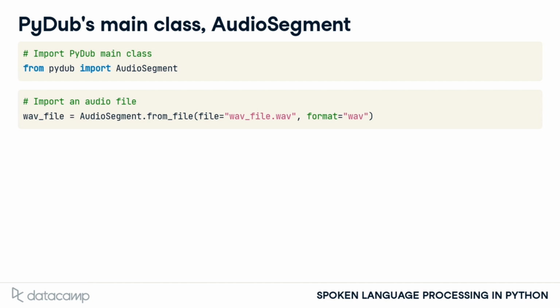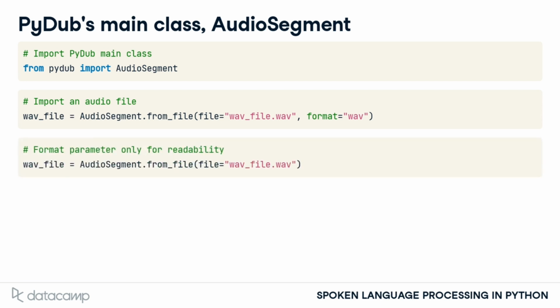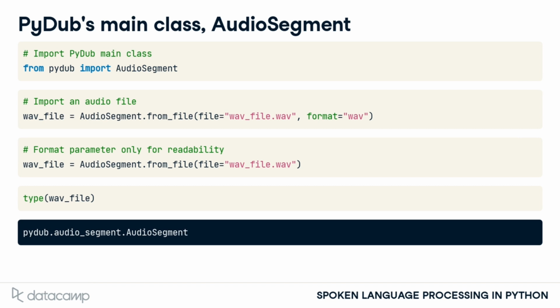In our case, wavfile.wav. The format parameter takes the target audio file's file format, but is optional as it gets inferred from the audio file name. Remember, for file types other than WAV, you'll need FFmpeg. Running this will create an instance of AudioSegment called wav_file of type pydub.audio_segment.AudioSegment. You'll soon see how useful this class is.